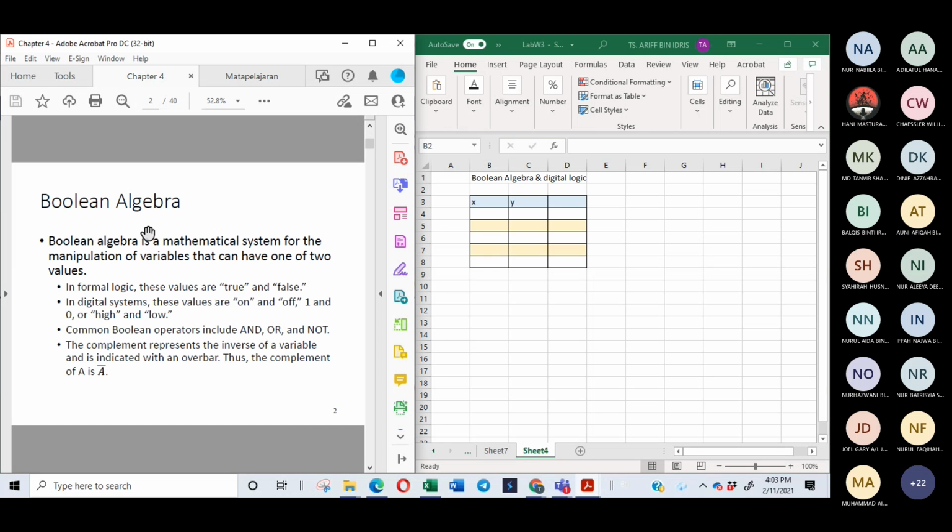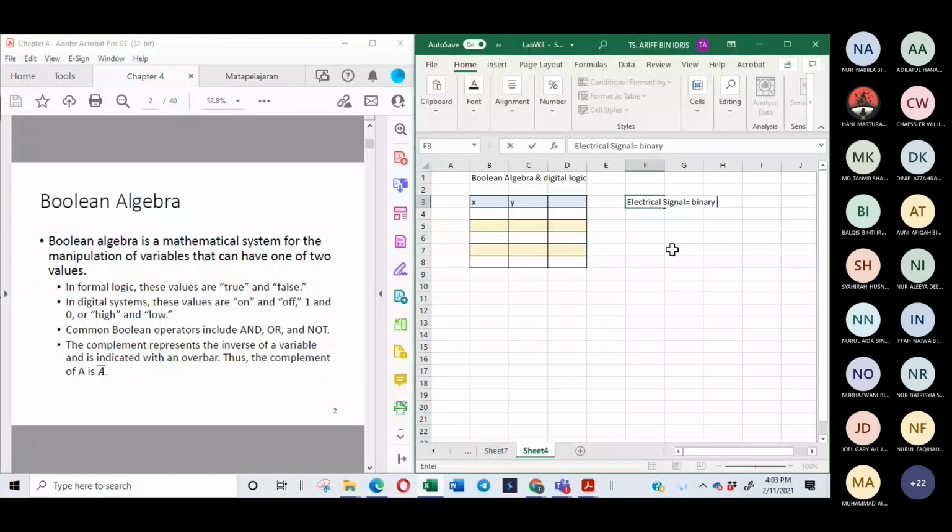As you know, computer architecture deals with electrical signals, represented by binary signals, which consist of two discrete values, which are 1 and 0. Electrical signals are represented in the form of binary.